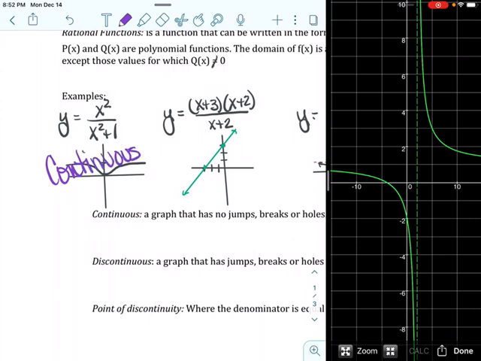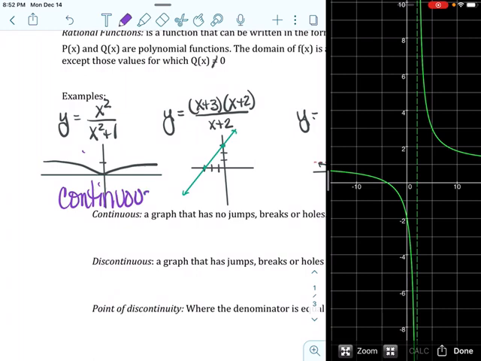Now, the reason why that's continuous, right, that was not good of me to just draw it right over top of that. Okay, let's do that again. All right, there. So that's definitely a continuous graph because I didn't pick up my pencil when I drew it.